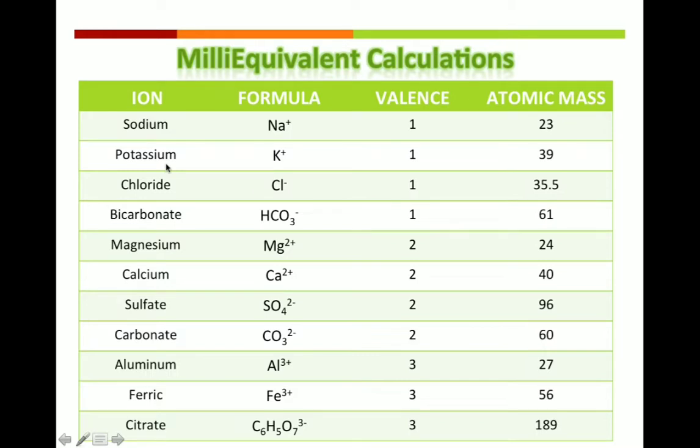So try to remember them: sodium, potassium, chloride, bicarbonate, magnesium, calcium, sulfate, carbonate, aluminium, ferric and citrate. With these valencies and atomic masses, at least you have to learn this table by heart for milli-equivalent calculations.